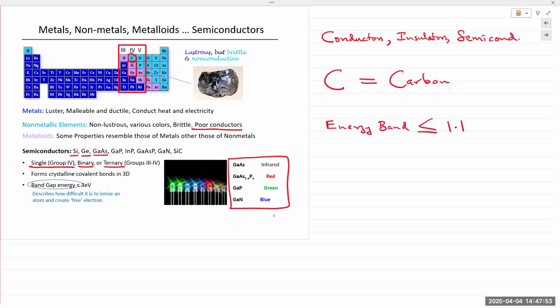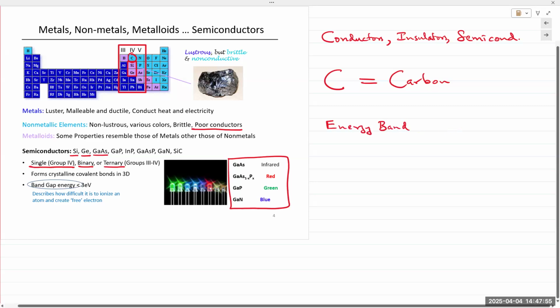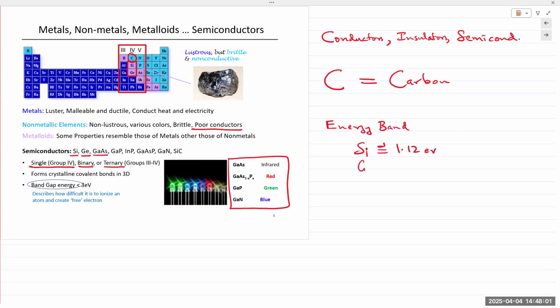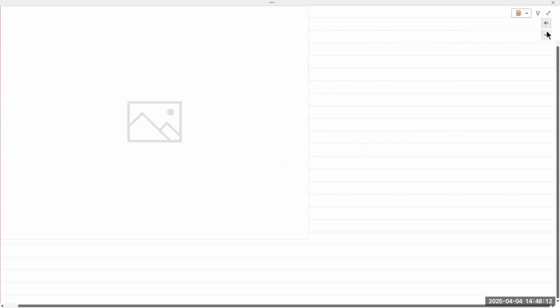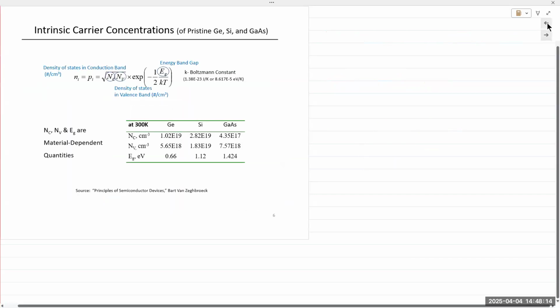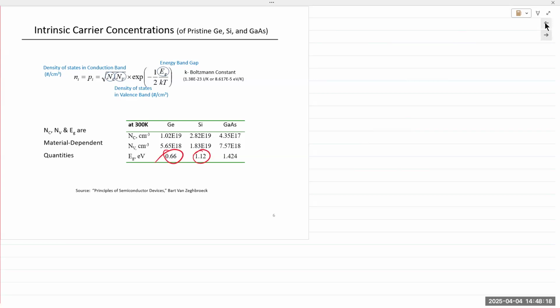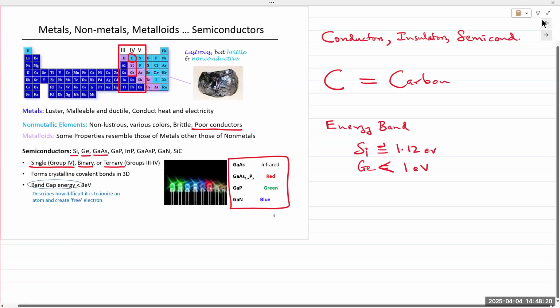For silicon, I believe it's approximately 1.12 electron volts. For germanium, I believe it's less than 1 electron volt, 0.6 or 0.7 or something. I think we have the number somewhere in the next slide. Yeah, 0.66. And silicon is 1.12.